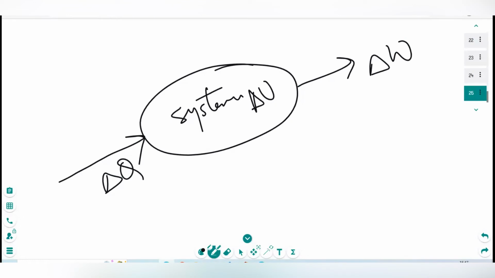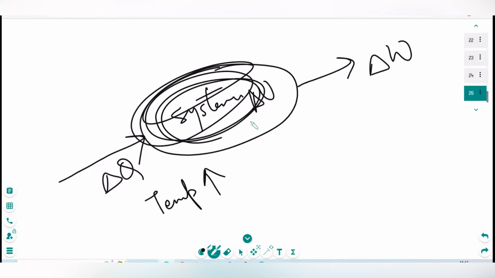When the temperature increases, the molecules move inside the system, and hence the internal energy changes. And there is work which is done.